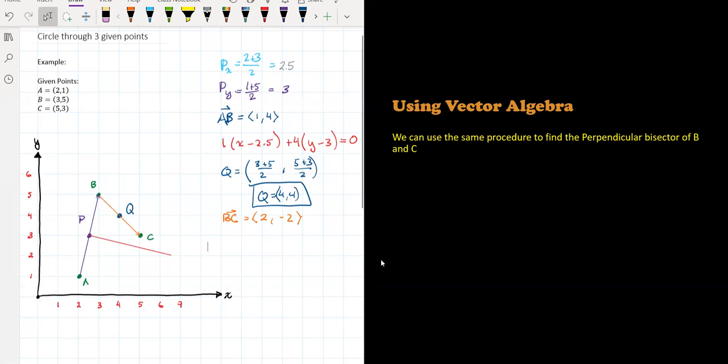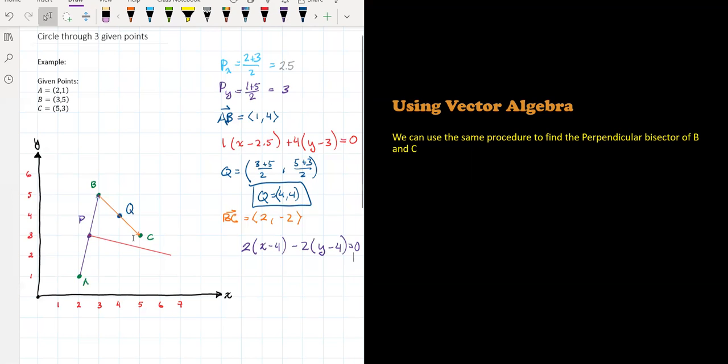Okay, and then I want to draw a perpendicular. So the equation of the line that is perpendicular to this would be, let's see here, BC would be our normal vector. So we get 2 times (x - 4), because (4, 4) is our point, minus 2 times (y - 4) equals 0.